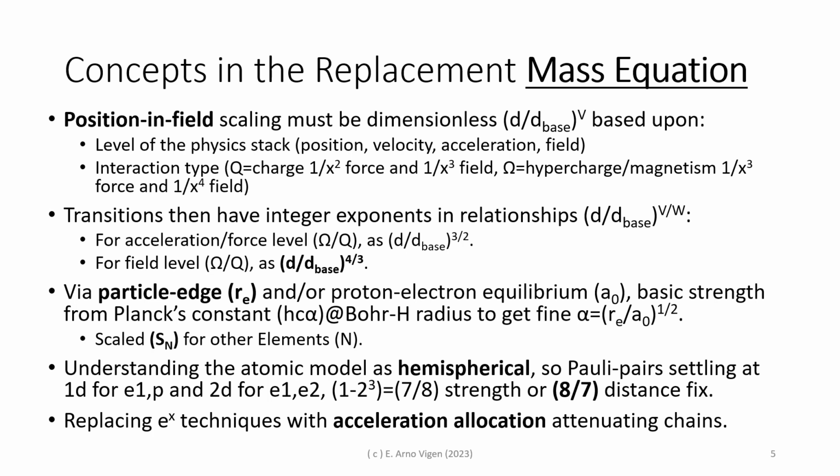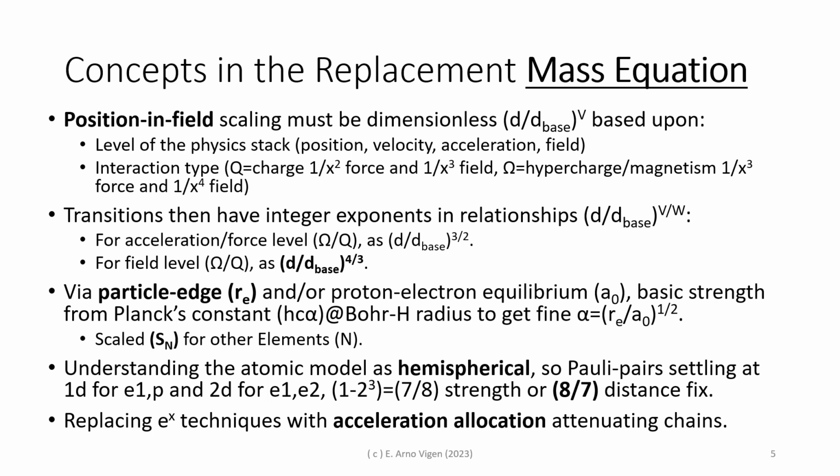Now, this understands the hemispherical model for the atomic model. And that is, it's not simply a sphere, but subshells are longitudinal rings. And that means that when the first one appears, say the proton, and the electron is on one side, there may be, say, a Pauli pair on the other side 2x away. Now, the electron doesn't have this magnetic omega field in its interaction, so it's missing 1/2 to the 3rd power.